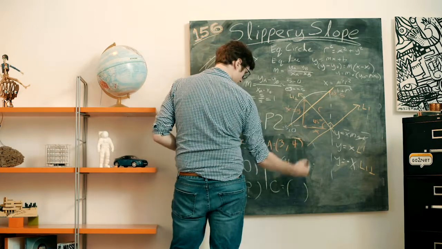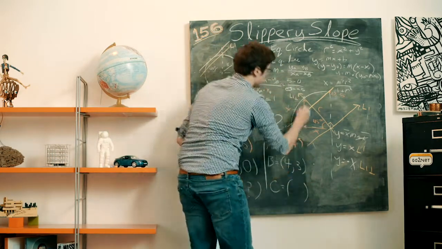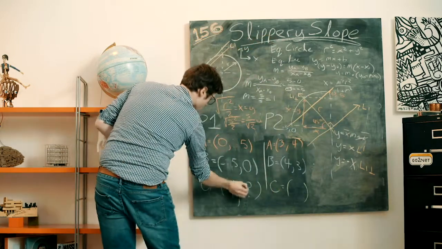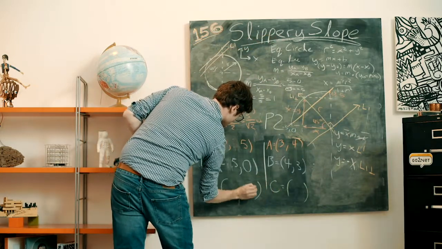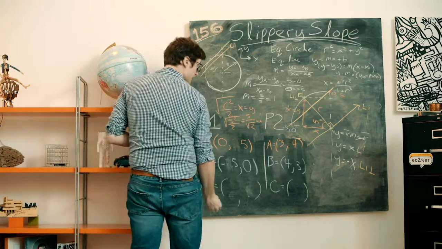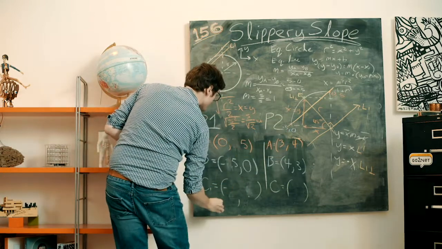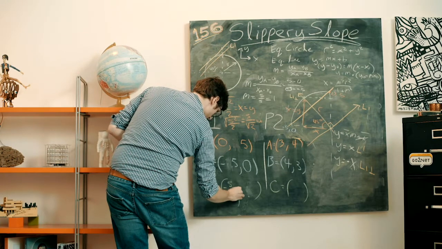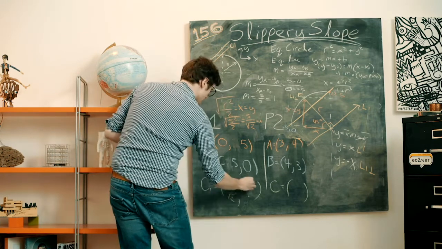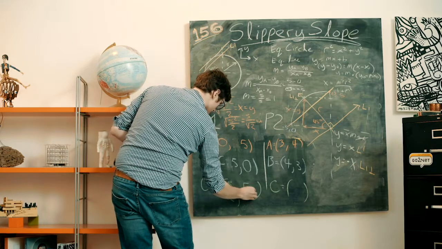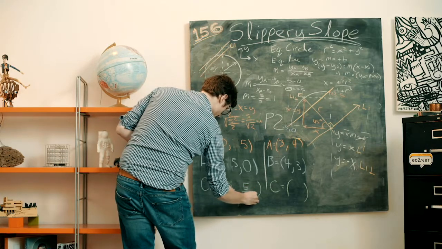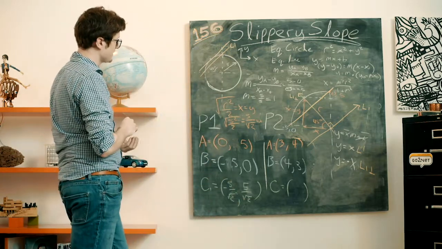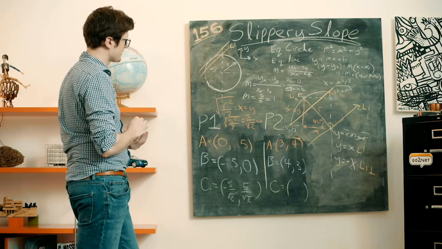I know that c is going to be, the x is going to be here, the y is going to be here. And I know that the x is a negative number, so I can just put negative 5 over square root 2. And y will be a positive number, 5 over square root 2.